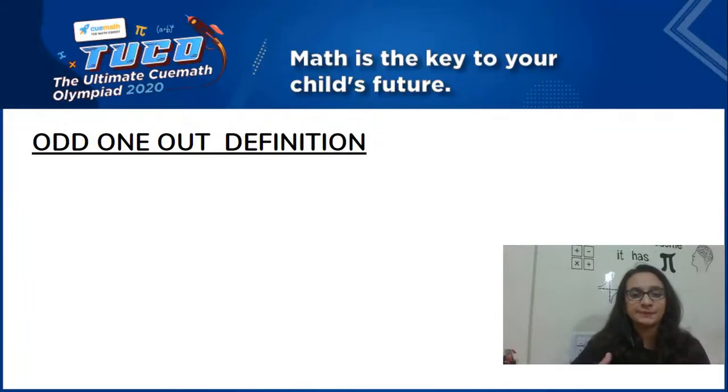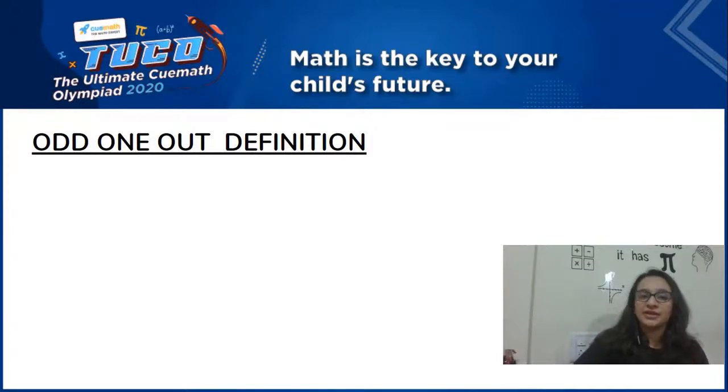That will build the foundation from which we can build the whole concept. So coming to odd one out, if you are to start with this concept with your child or student, I would suggest that you first give them a set of objects wherein all the objects are of one type, whereas one of them is not the same as the others. All you need to do is ask them which one is different from the rest of the objects. That is the first step.